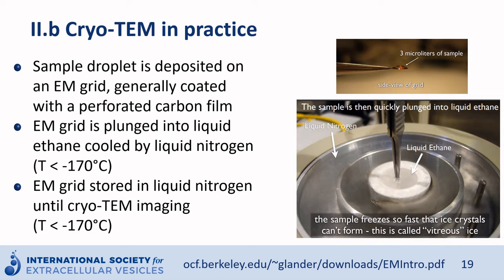Then the grid is stored under liquid nitrogen until its observation in a cryo-electron microscope, where it is also kept at low temperature. It is thus critical that after freezing, the grid is always kept at low temperature at every step.